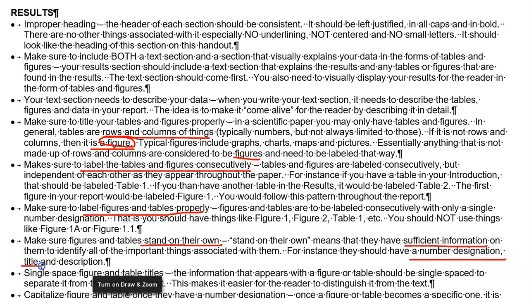They should have a title, what it shows, and they should have a description. That description is usually a sentence or often several sentences. Think about it this way. If you were walking down the hall and that fell out of your backpack and landed in front of the anatomy room, and some student who has never had physiology picked it up and looked at it, they would be able to figure out what it was, even though they've never done the experiment. So standing on their own is a very important concept.